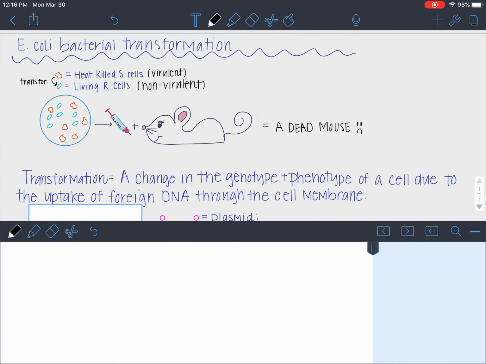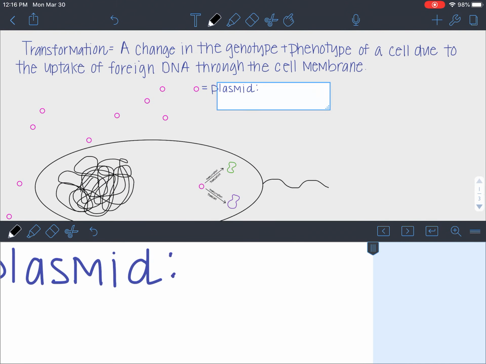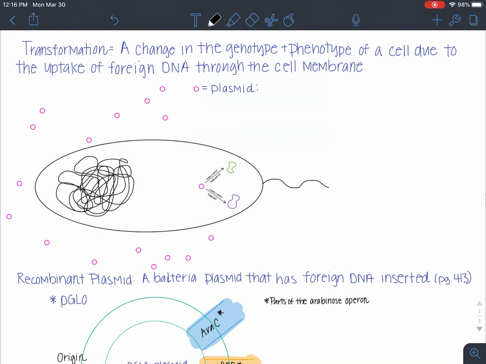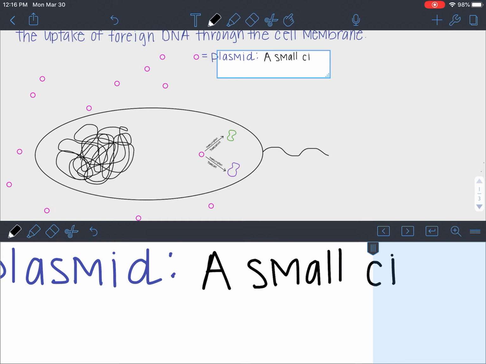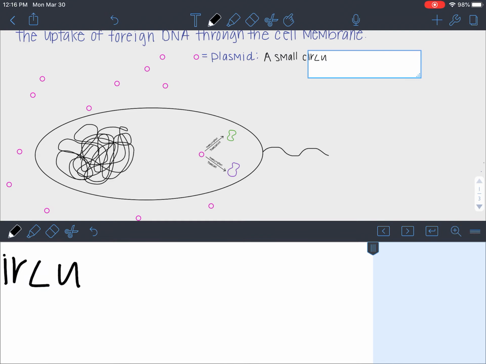So in our experiment we're actually going to complete a bacterial transformation. And the way we're going to complete that transformation is by using a plasmid. Now, our plasmids are going to be small circular pieces of DNA that we find naturally in a lot of different types of bacterial cells.